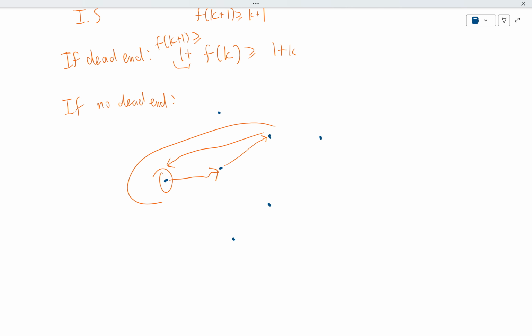Now you have created a loop. Notice this person cannot point to this other person, because each person is pointed at by exactly one other person, and each person points at exactly one other person. So this is impossible because this person would be pointed at by two people.